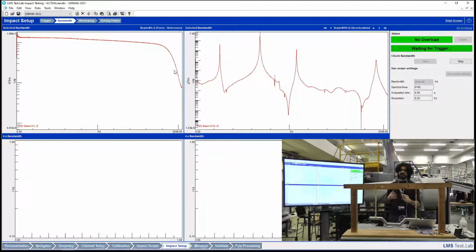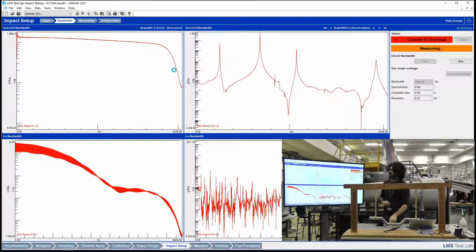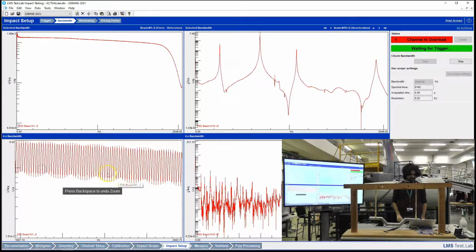Okay, now if you have a bad impact, like a double impact, you see what happens. It's very bad. So this drops a lot, and also it's a shaky signal.